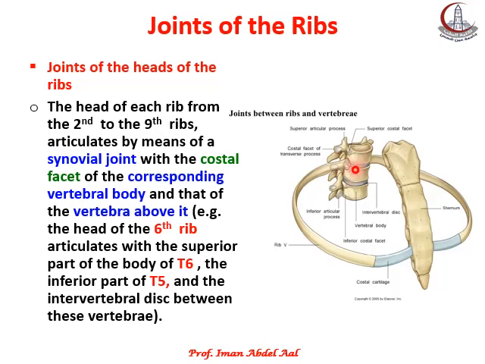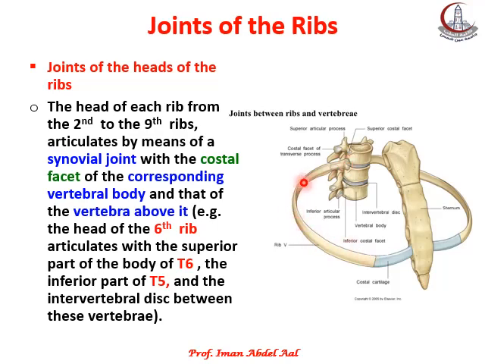What does this mean? Let's see. Suppose this is vertebra number 6, the one which I am pointing at by the laser pointer. This middle one we will call vertebra number 6, and this is vertebra number 5. This rib will be rib number 6.